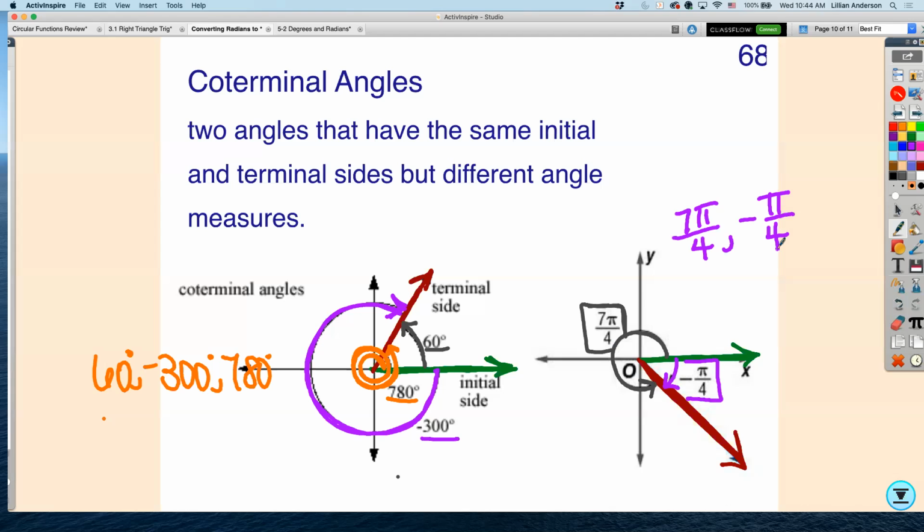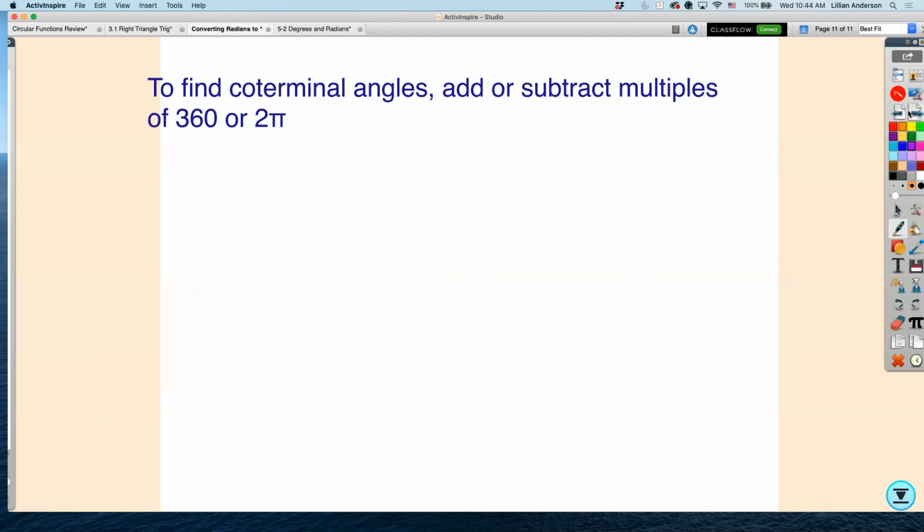So how do you determine coterminal angles? It's very simple. All you do is you either add or subtract multiples of 360 degrees or multiples of 2 pi. 360 degrees, of course, if your angle originally given to you is in degrees, and then 2 pi if your angle given to you is in radians.